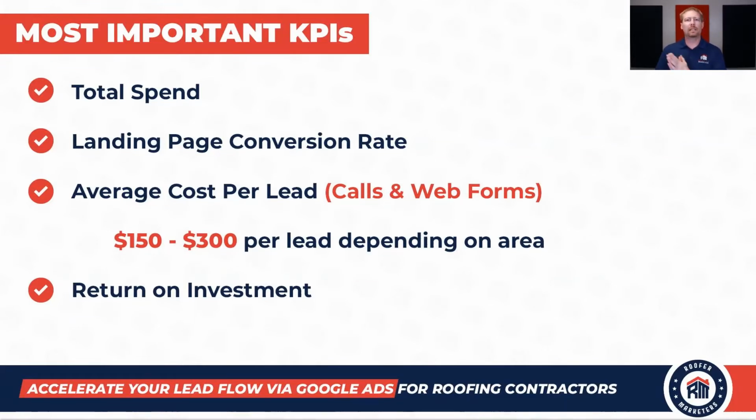You want to be tracking your return on investment. So if you're using a CRM, you're tracking it from your call tracking all the way into your CRM. You're matching those calls to the leads in your CRM, and you're making sure that you're tracking it down on a granular level. So let's talk about total spend, right?